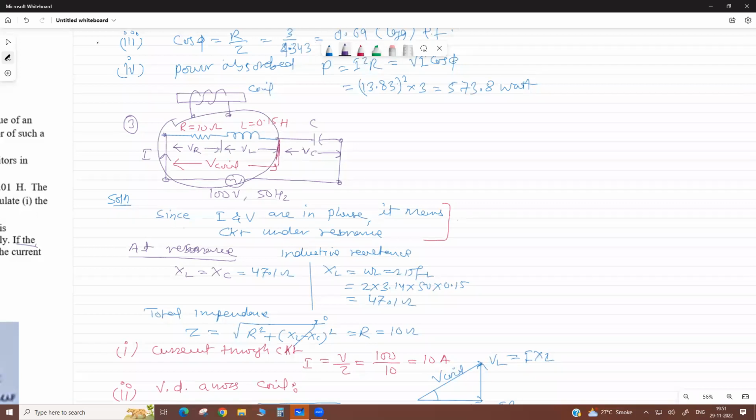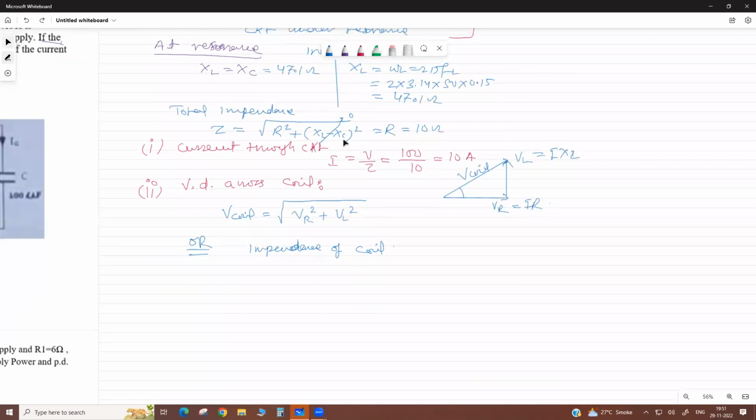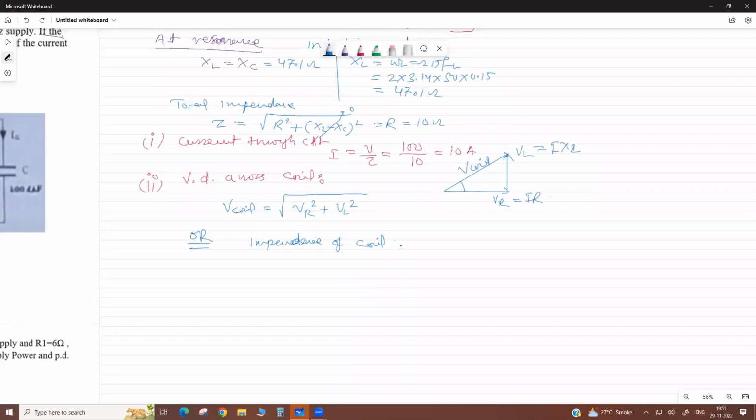So the impedance of the coil is the square root of 10 squared plus 47.1 squared. How much do we get?